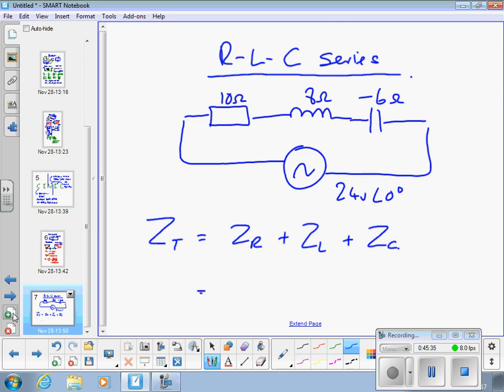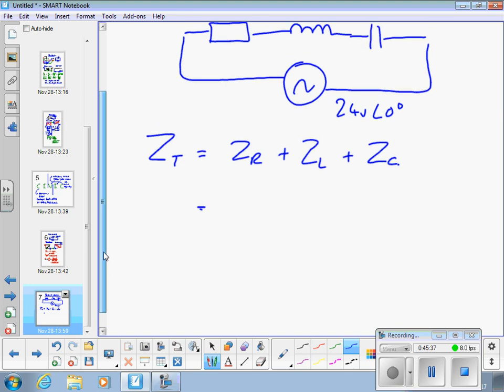If we want to write that in slightly different form, ZR is simply equal to R plus ZL is XL J ohms minus XC J ohms.